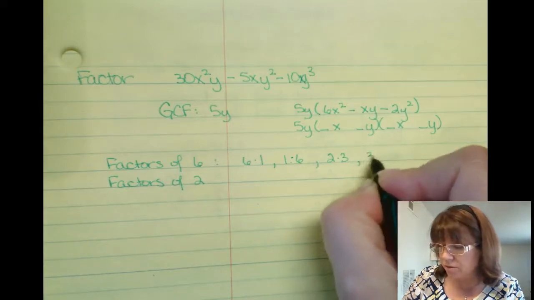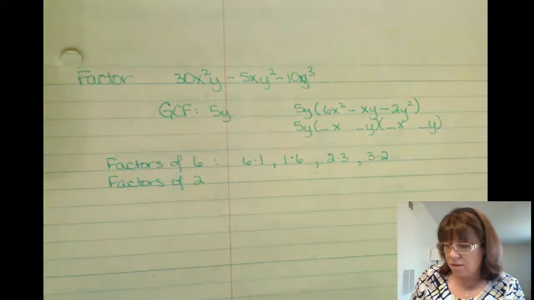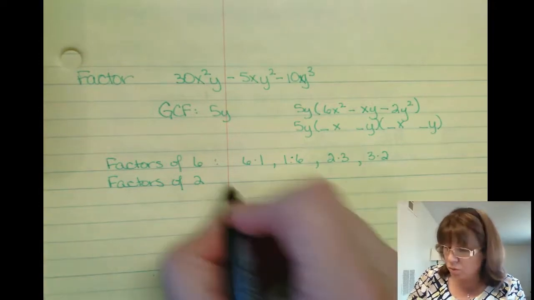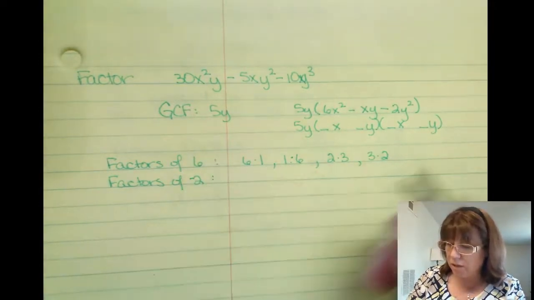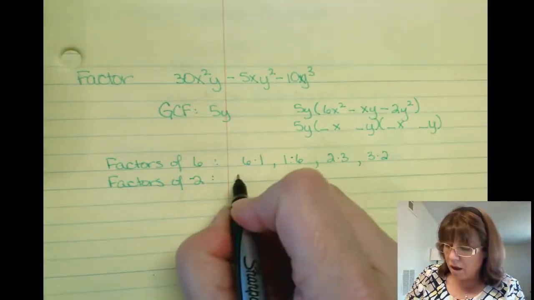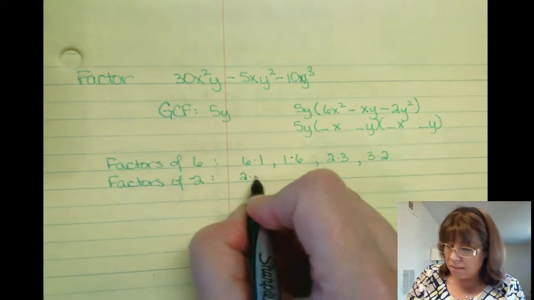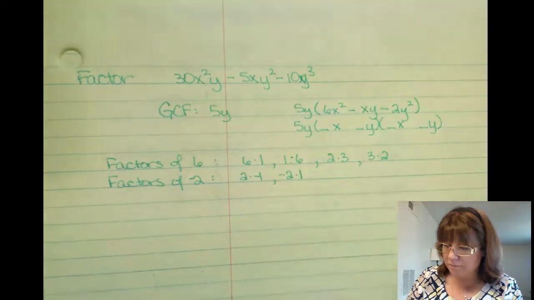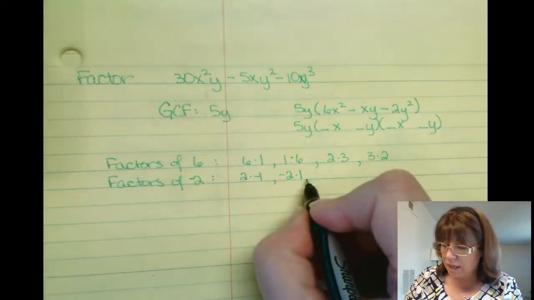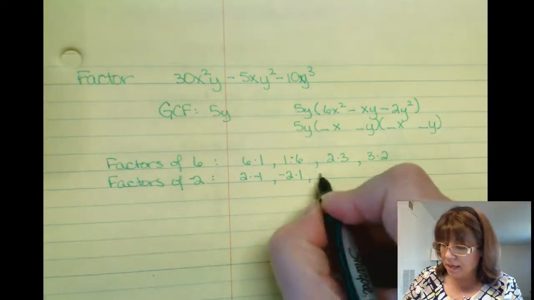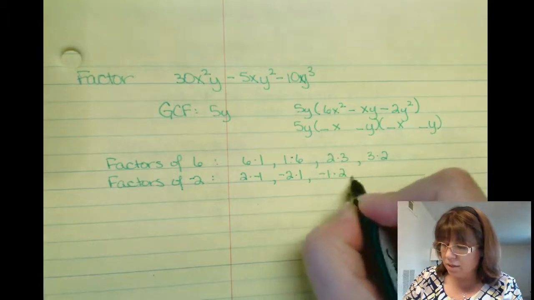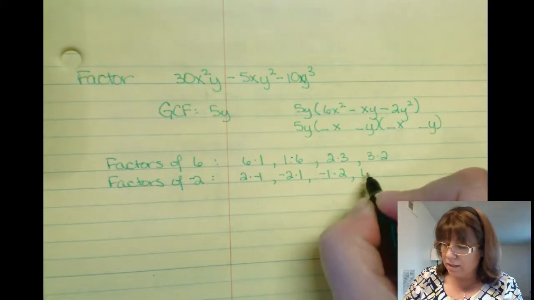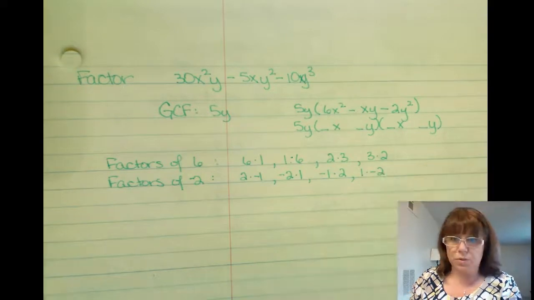Order matters. My factors of 2, but it's really negative 2 that I'm looking for, are 2 times negative 1, negative 2 times 1, negative 1 times 2, and 1 times negative 2.